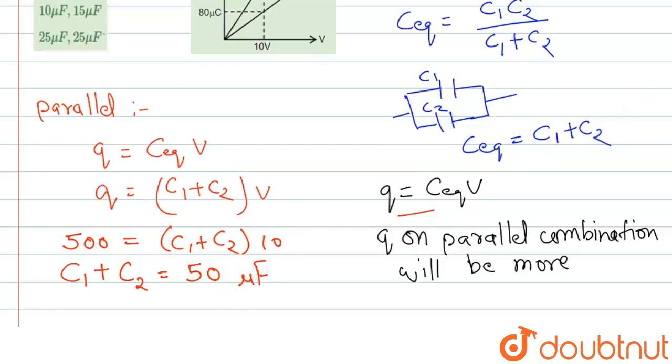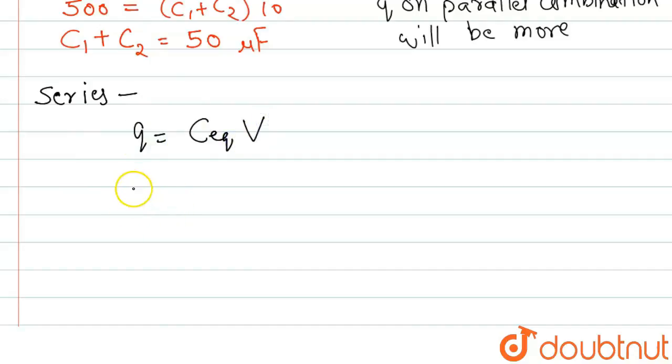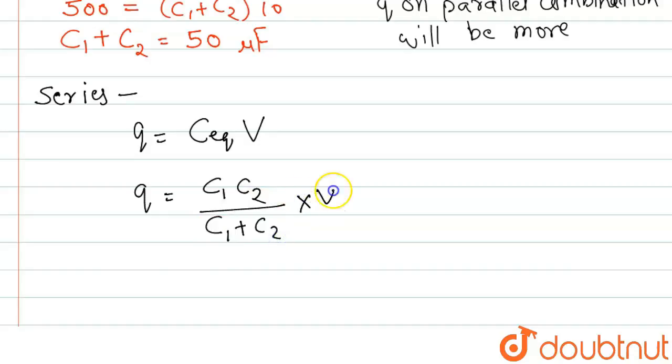microfarad. Okay, now if we find for the series one, for series combination, again we can write Q equal to C equivalent into V. So we can write Q equal to C1 into C2 divided by C1 plus C2 into V. So if we substitute the value, Q is 80, C1 into C2 divided by C1 plus C2, which we already found out is 50 microfarad, into V, which is 10.